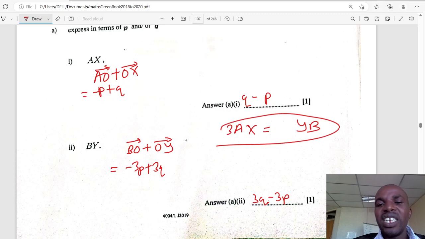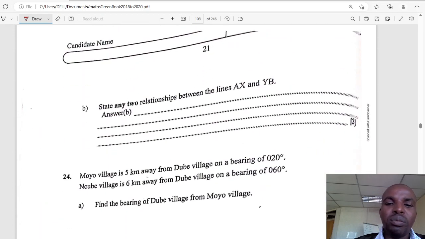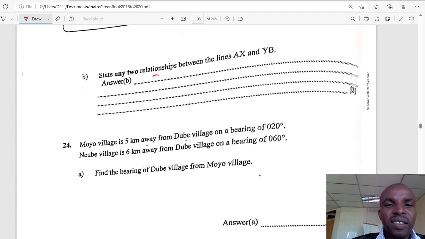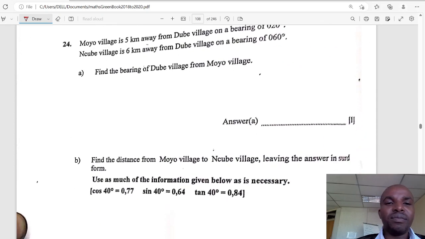Can you see that? Yes, both can multiply by 3 here, you get this value here. So, in other words, 3AX is equal to YB. Then the other thing, they are also parallel. Since the one is three times the other one, if the relationship can be found, it means they are parallel to each other. Then done.